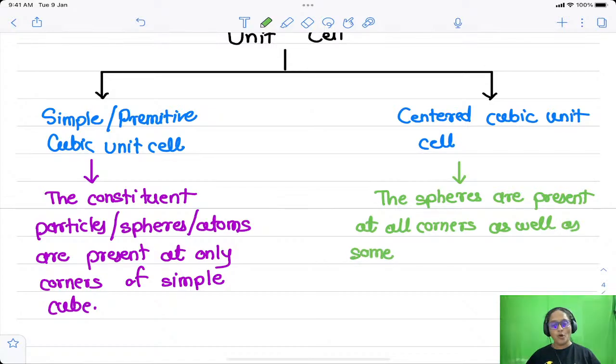Corners are always there, but apart from the corners, some other positions also have atoms, right? So these are the centered cubic unit cell.